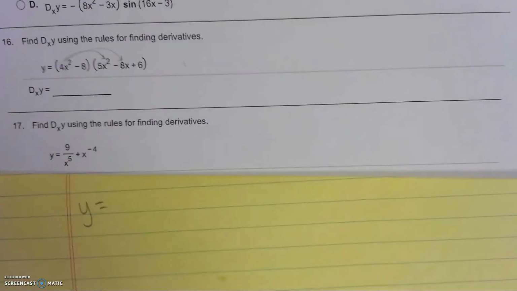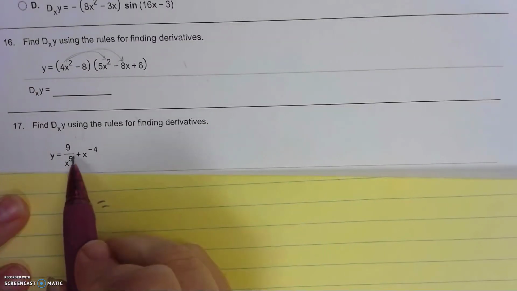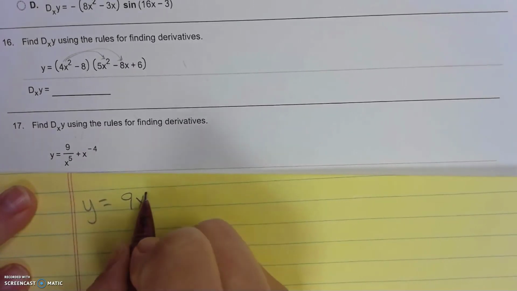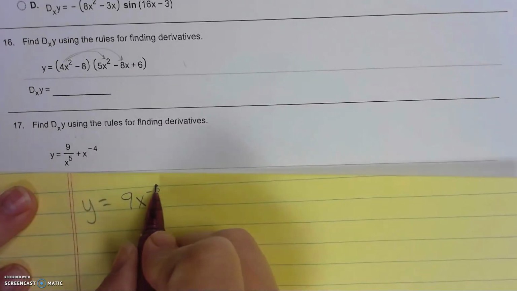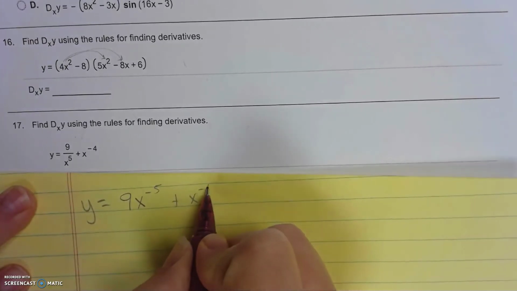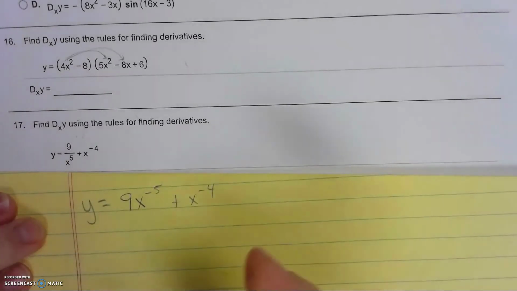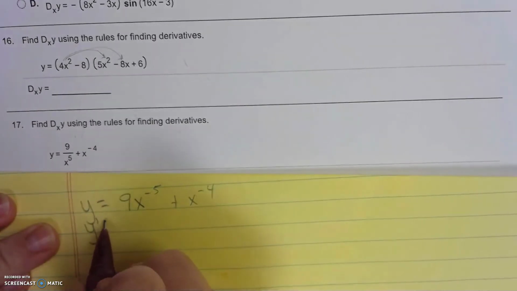So what we could do is rewrite this and bring this up to the top. So then it would become 9 times x to the negative 5th. Now it's just a sum and difference, and we can use the power rule.